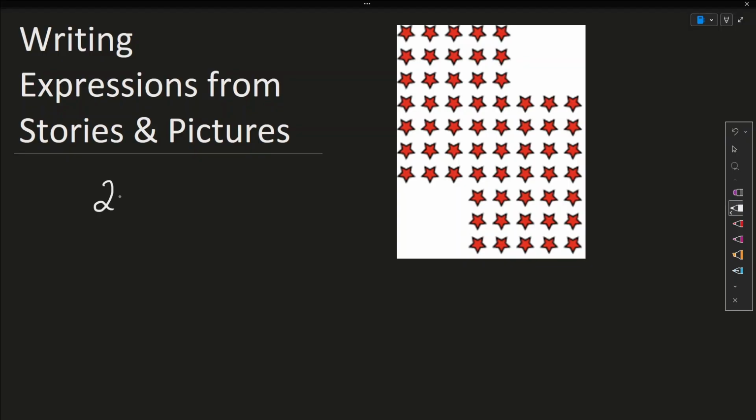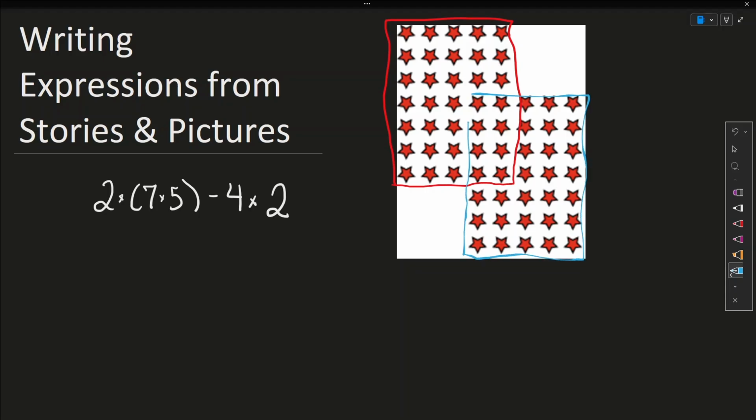Next, let's consider 2 times 7 times 5 minus 4 times 2. So this one we'll consider 2 rectangles that are each 7 by 5. One of them will be right here, and then the second one is here.